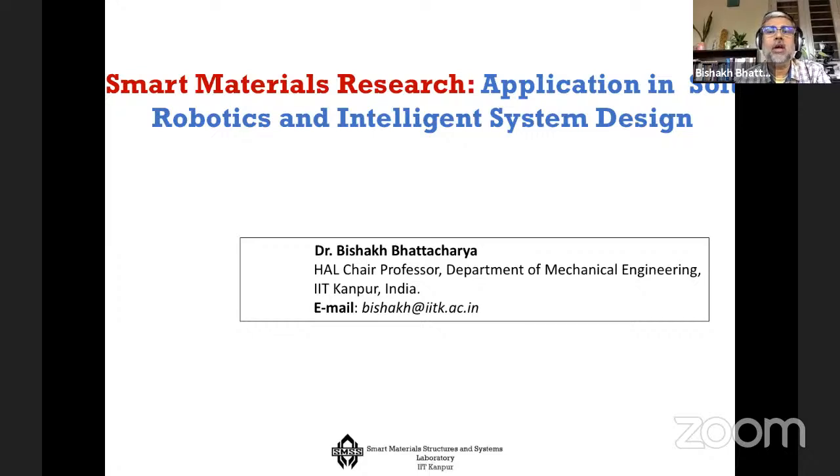Soft robotics has come up in a very big way, and smart material is an integrated part of such soft robotic systems. The other group of applications that I will talk about is related to intelligent system design.